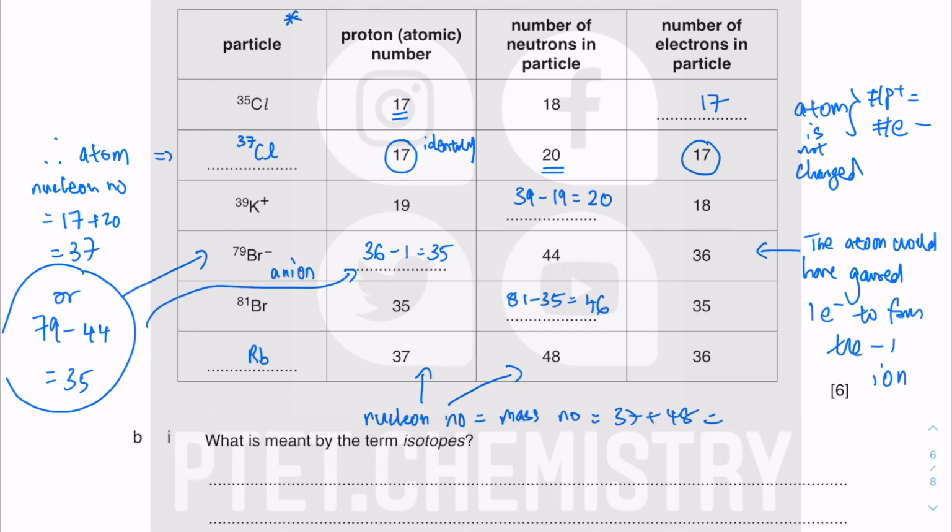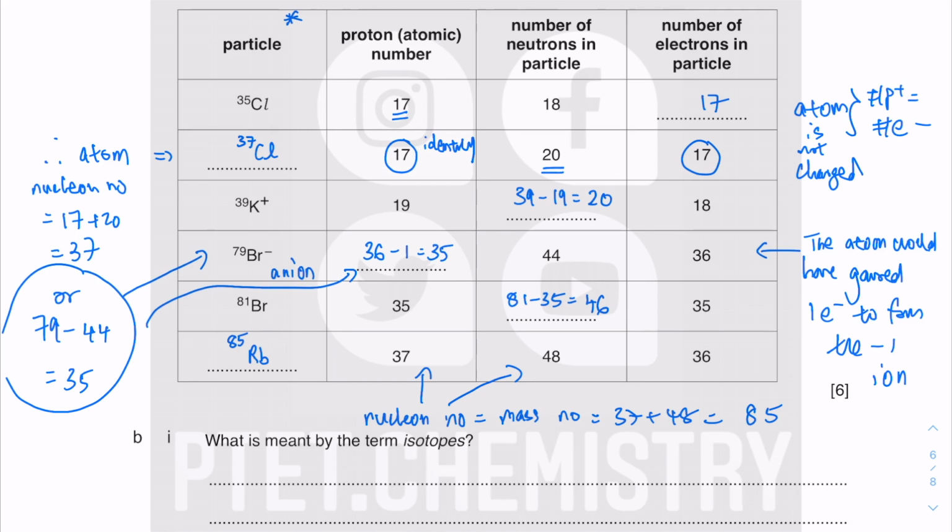I'm just repeating them because a lot of you will remember one, not the other, but they are exactly the same thing. And examiners like to use the two terms interchangeably. Okay, 8 plus 7 is 15 plus 1, so there's 85. So there's rubidium 85, and everything has been accounted for.